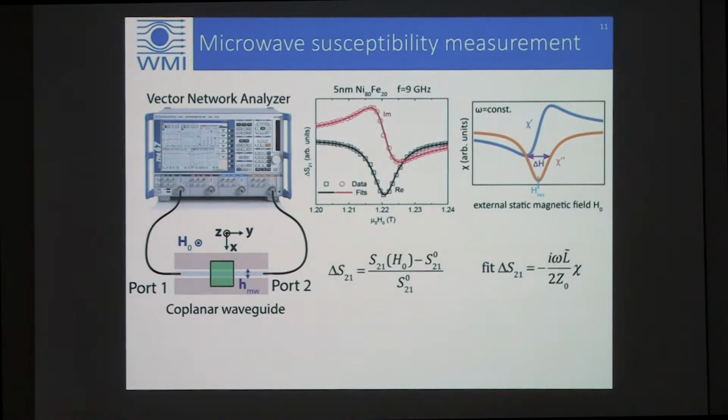And if you do so, then the typical spectra will look like this, with the real and the imaginary part of the measurement. And if you compare that to the susceptibility, so this is the real part, the blue, and the yellow one is the imaginary one, then you see it's in perfect agreement, because you need to consider this factor minus i, which comes from Faraday's law of induction.